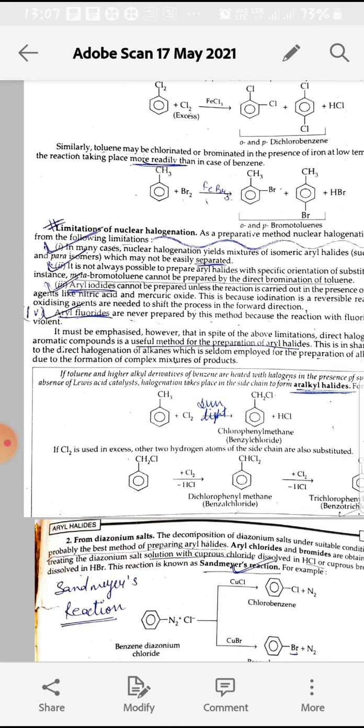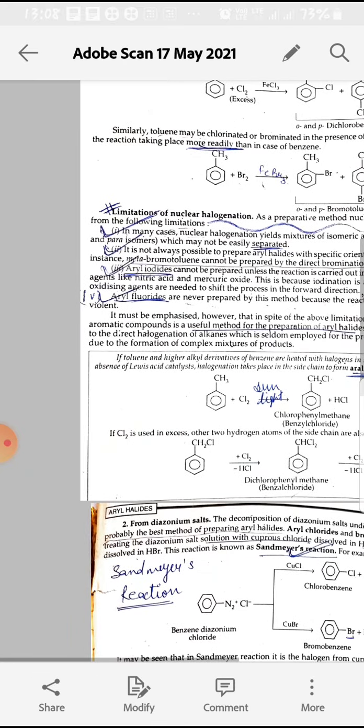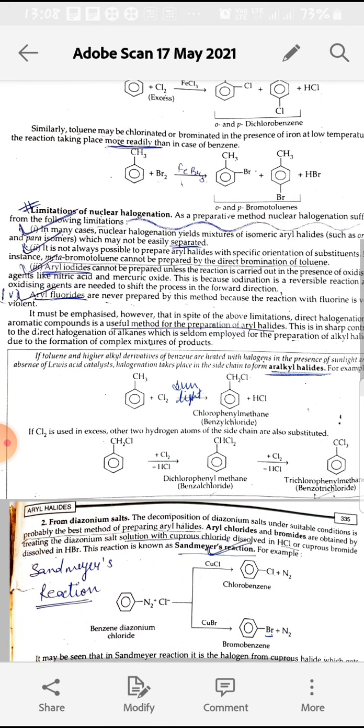Third, if we use aryl iodide, if we add I2, then we have to add an oxidizing agent like nitric acid or mercuric oxide, because it is a reversible reaction and the oxidizing agent will shift the reaction in the forward direction.